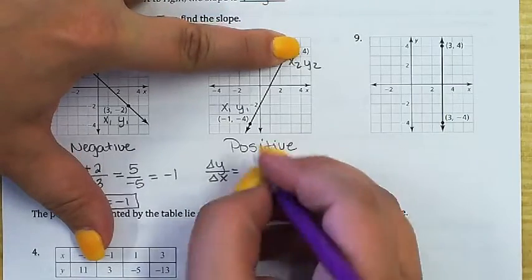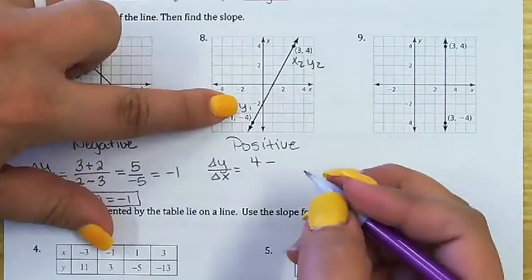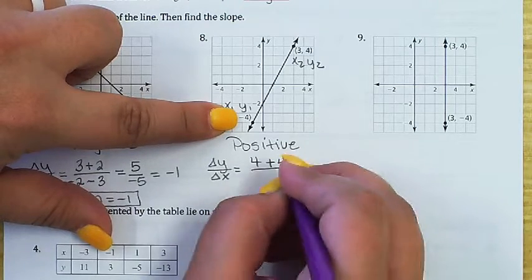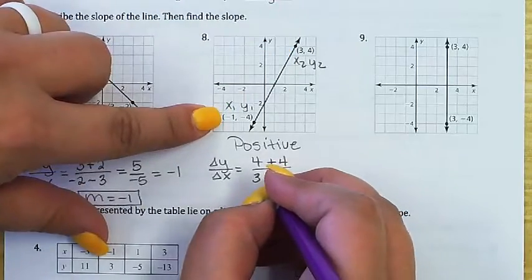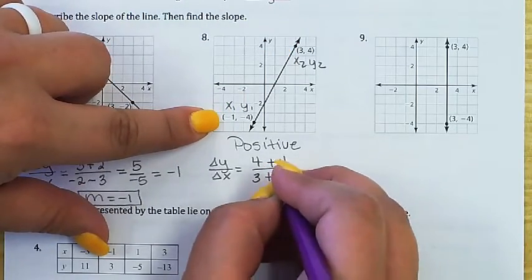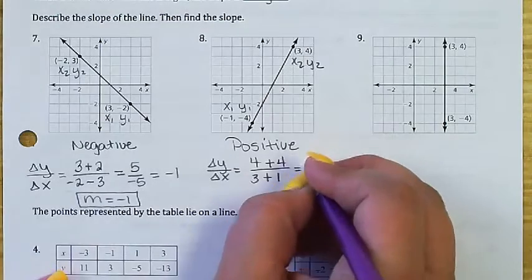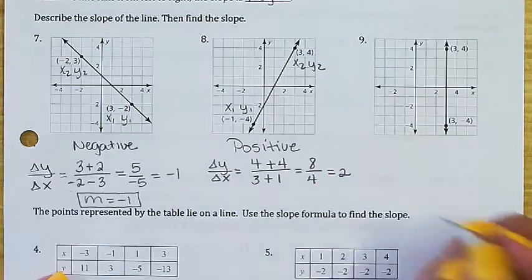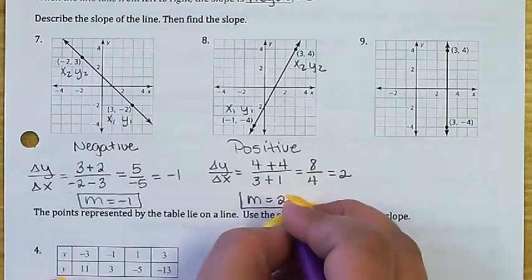Sure. Then I'll start with y2 minus y1, which is minus a negative, that becomes positive 4, over x2 minus negative 1, so that's positive. So I end up with 4 plus 4, which is 8, 3 plus 1, which is 4. So this line has a slope of 2. So the slope here is 2.